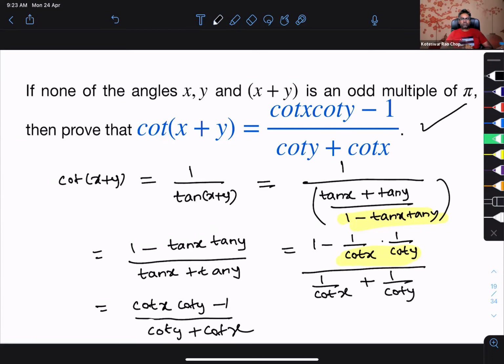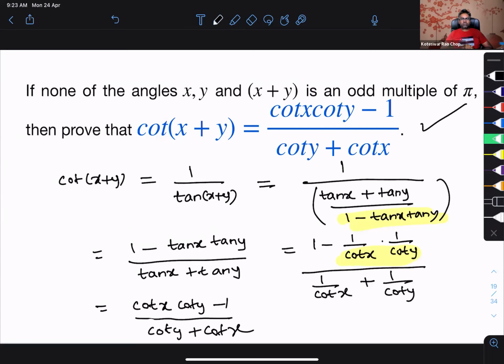So let's look at our cos of a plus b. What is cos of a plus b? Cos of a plus b is cos a cos b minus sin a sin b. Now if you put a is equal to b is equal to x, suppose.